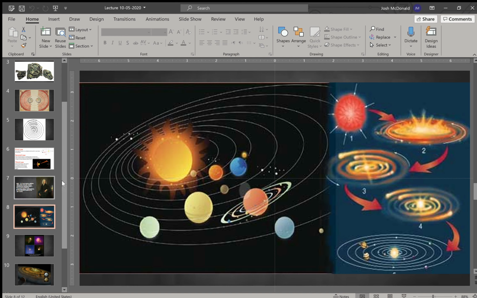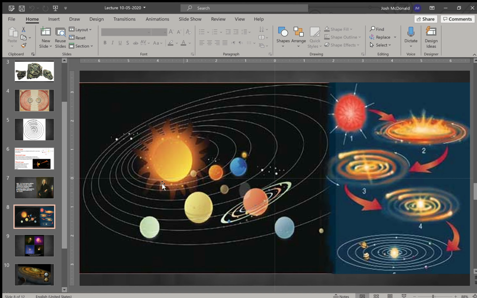And so if you see here in this model, you have your cloud, it compacts in one, and then it starts to become a disk. That's what gravity does. As something spins and it becomes more dense, it's going to have more gravity. And then that spinning is going to flatten everything out.